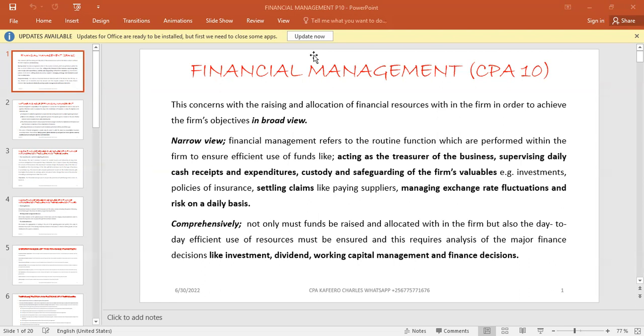But if you want to look at it in a narrow view, which is brief and direct, we are trying to look at how the finance function helps us perform what we are doing within the operations of the company, making sure we use the money that we've acquired efficiently.